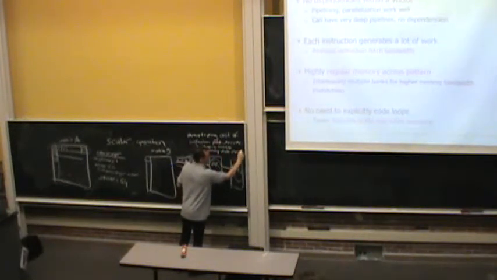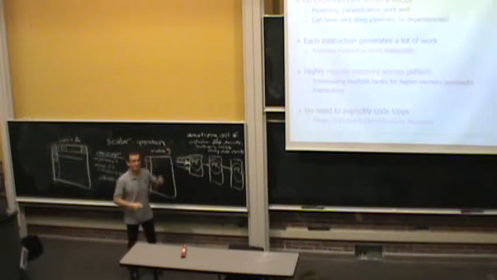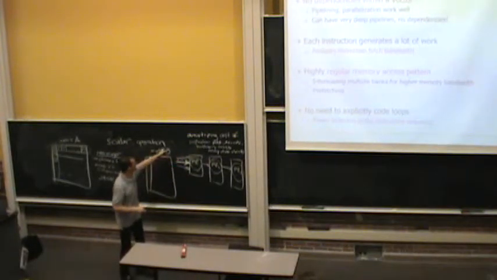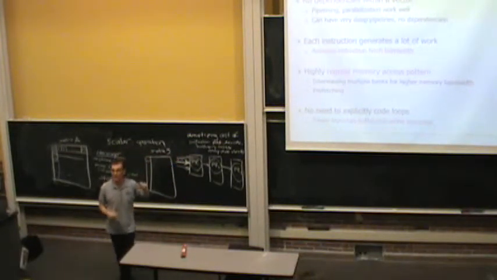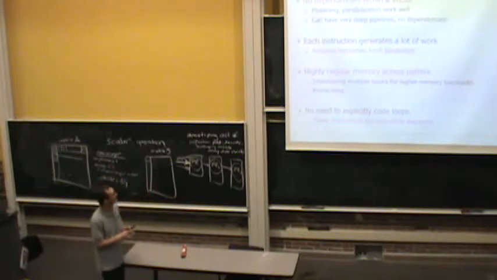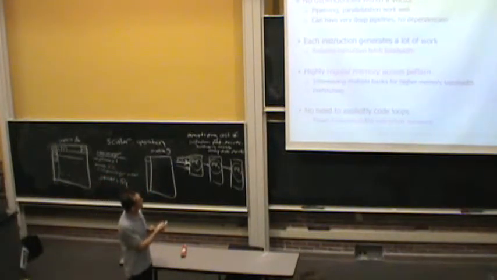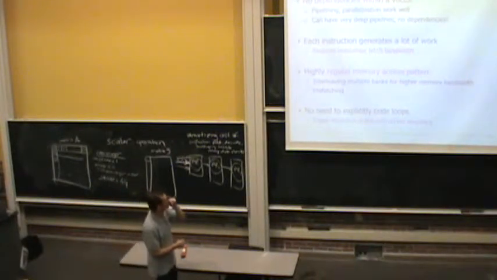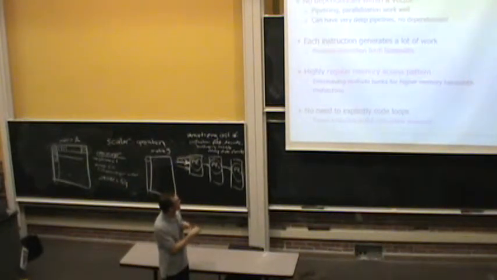Which means that you're saving power also, right? You don't need to fetch the instruction and decode it for every single element. So this is a very power efficient engine as well. You have a highly regular memory access pattern, assuming you're operating on vectors, of course. And we will see how this is a good thing as well as a bad thing because of the parallelism.